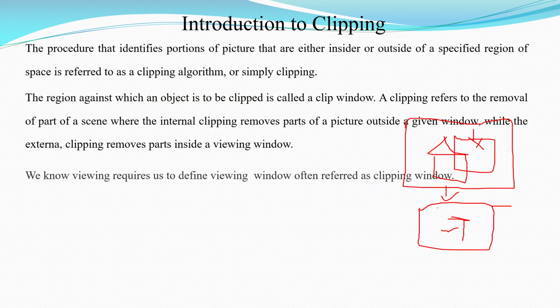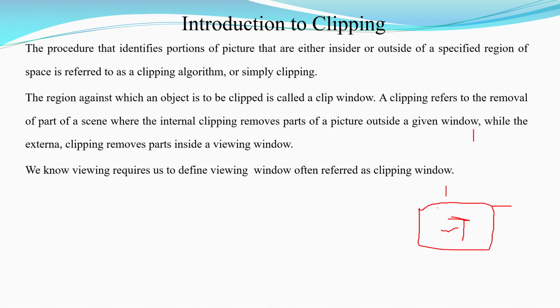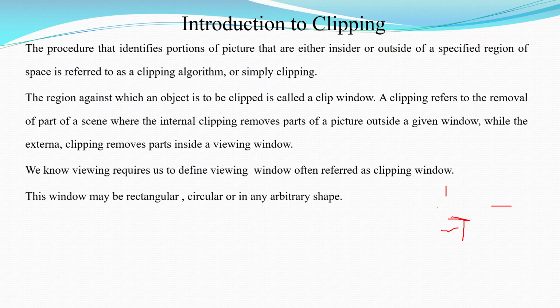Next, viewing requires us to define a viewing window, often referred to as a clipping window. There are four types of line clipping algorithms, and in this video we focus on the Cohen Sutherland algorithm, which clips the line.